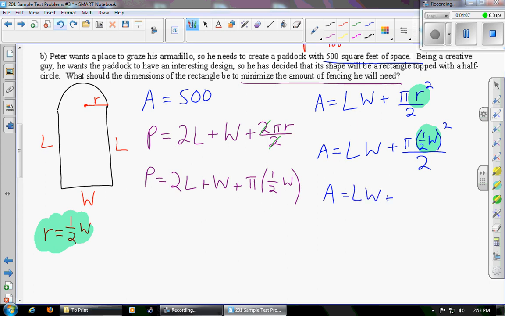L times W plus pi. Let's square everything in the parentheses, so it becomes a quarter W squared, and that's divided by 2. And then hopefully we can make that just one nice clean fraction. The pi is definitely upstairs, the W squared is definitely upstairs. That quarter really means there's a 4 downstairs multiplied by the 2 that's already there. Hopefully you get pi W squared over 8.